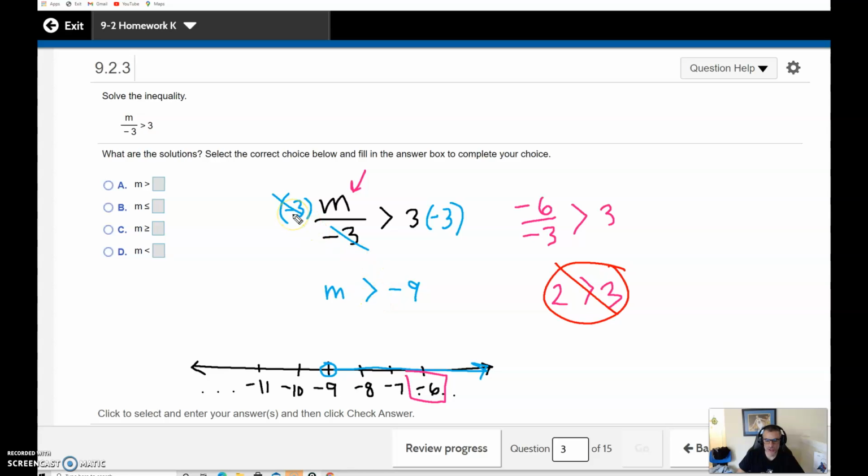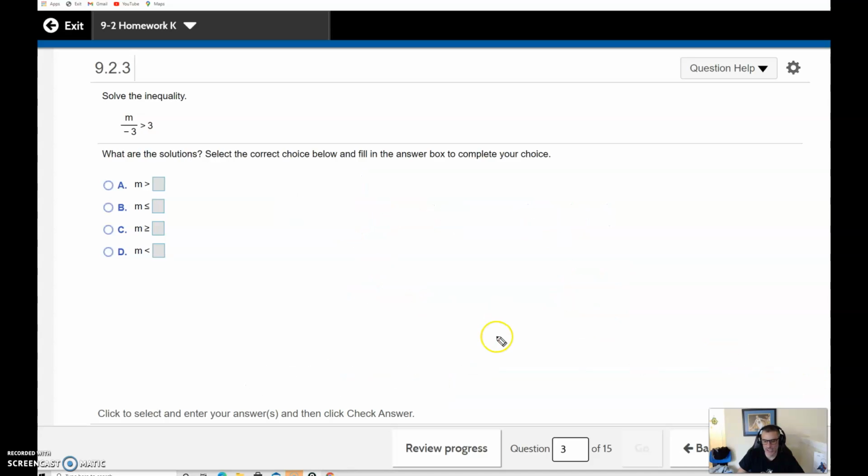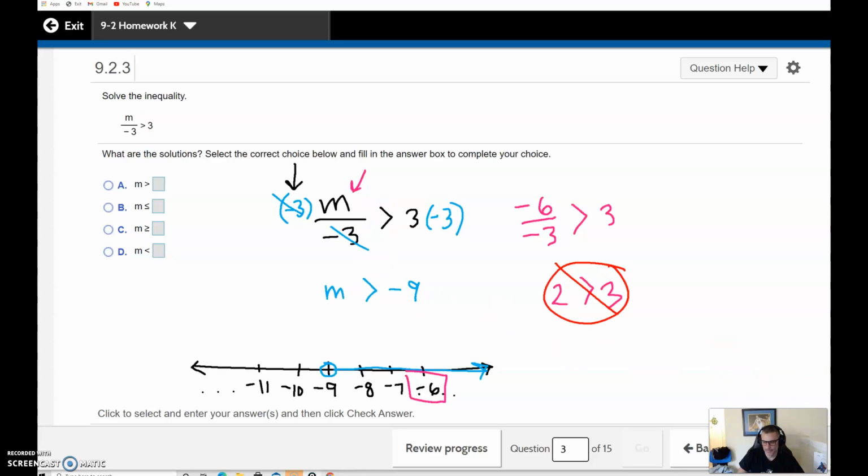So as soon as I multiply by -3 right here, then when I go to write my answer, originally it's pointing this direction. It's a greater than. I need to change it to a less than symbol. You need to flip the inequality symbol when you multiply or divide by a negative. And I'll write that down here in a second. Let's see how that changes our result.